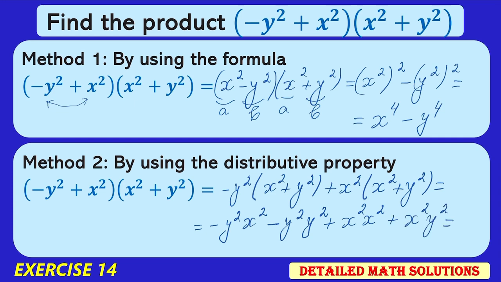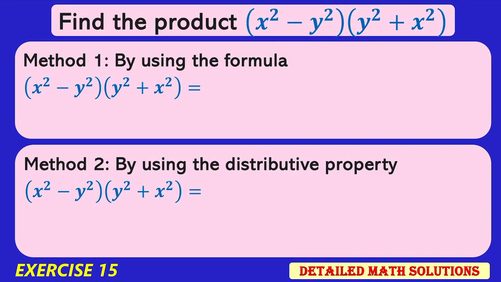Now I have, again, the same terms which cancel out because they're with opposite signs, and this equals x to the fourth power minus y to the fourth power.